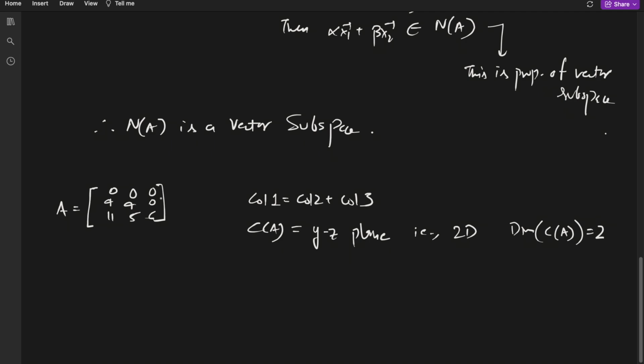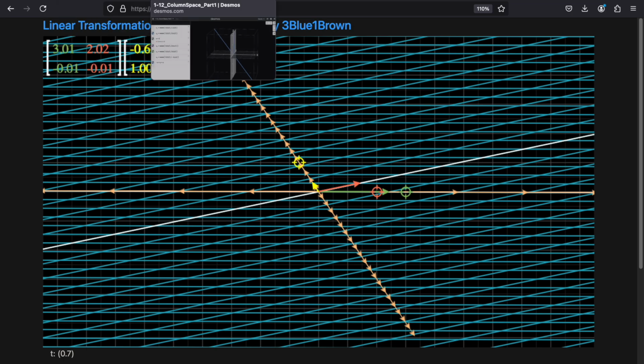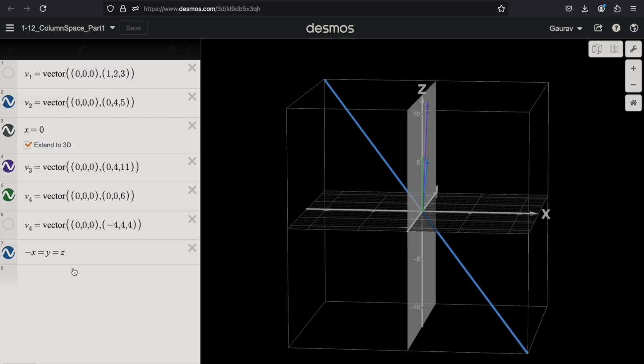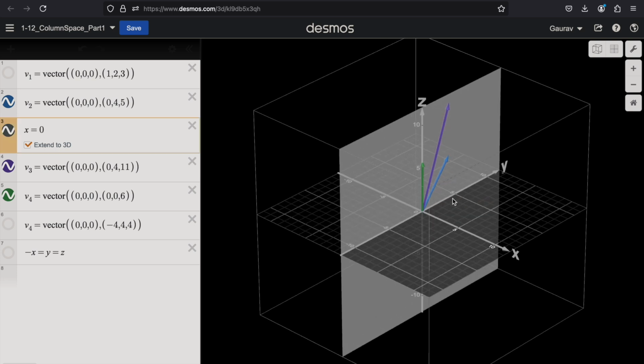Okay, so now we will see the null space for this one. So this is that video. In this we have seen these are the vectors.